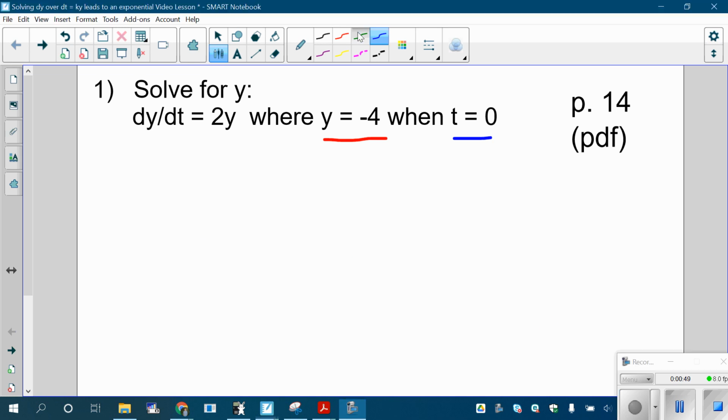Before we go over the answer, I want you to look at this differential equation and put on your thinking brain. This is saying, tell me a function whose derivative is twice itself. Well, that's weird. Most functions' derivatives don't have anything to do with themselves like that.